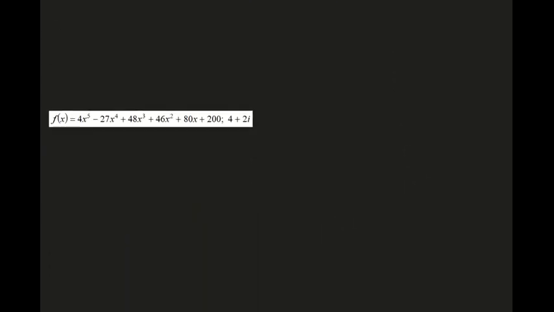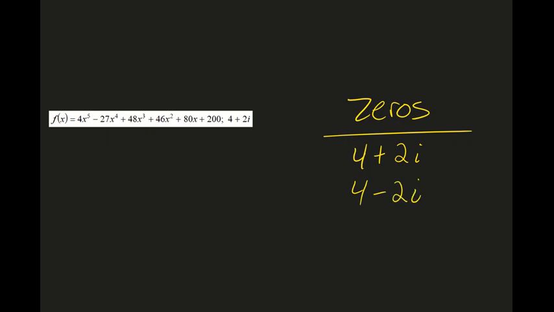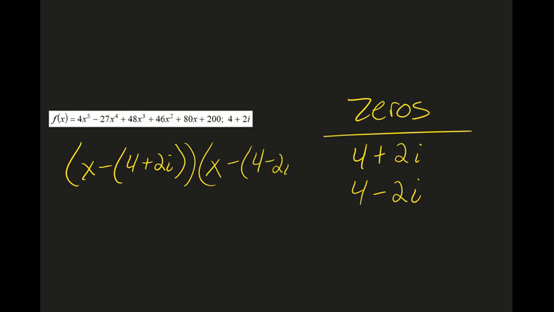For something like this, we are going to look more into it in class to finish this out, but we can also have polynomials where the complex conjugates for zeros are binomials. So one of our zeros is 4 plus 2i, so the other zero has to be 4 minus 2i. So our factors for that, we'll have x minus 4 plus 2i, and then x minus 4 minus 2i.